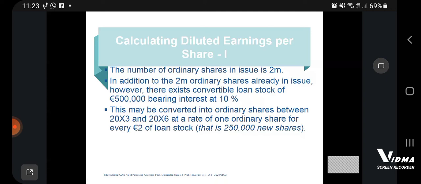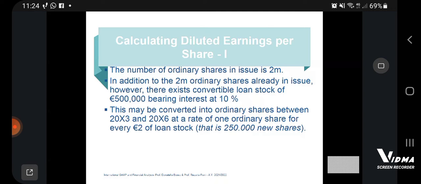That means that in total, if all of the creditors take this decision, €500,000 of loan stock would be converted into 250,000 new shares, okay? So the ratio of 1 new share for €2 of loan stock gives us this conversion with these figures that we have over there.